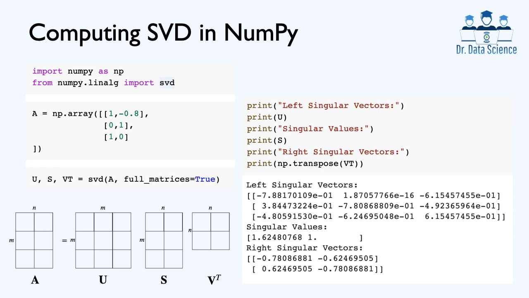And then for showing the right singular vectors, because it is common to have these singular vectors in columns rather than rows, I transpose that matrix that I call VT, because by default in VT the right singular vectors are in the rows. If you want to have these in columns, you can just call the transpose, and now we have them in the right format.